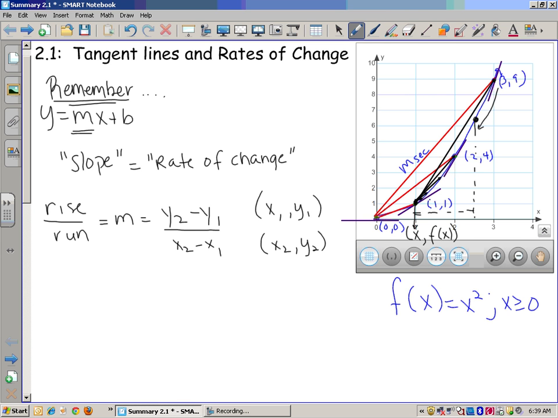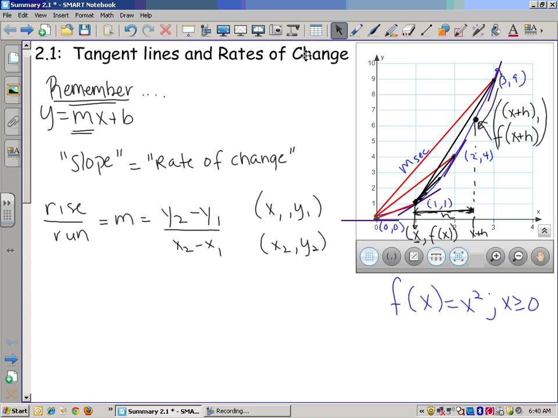Well, this horizontal distance, I'm going to go ahead and call h, which means this ordered pair is f of x plus h for the y value and x plus h for my input. Remember, I'm starting here and I'm saying this is x and I'm moving the horizontal distance h. So right here, this is some x plus h, where h is the distance away from my actual dot, okay?